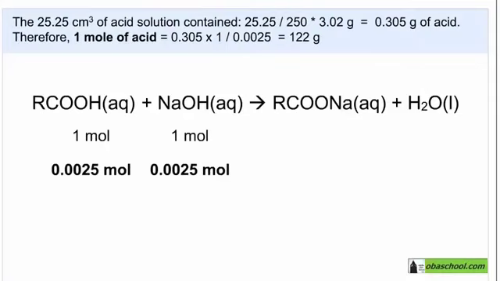Let's calculate the molar mass of the acid. Let's remember what the molar mass is. Molar mass is the mass of 1 mole. And the acid solution contains 3.05 grams of acid solute in water.